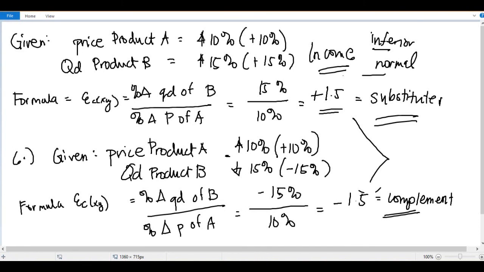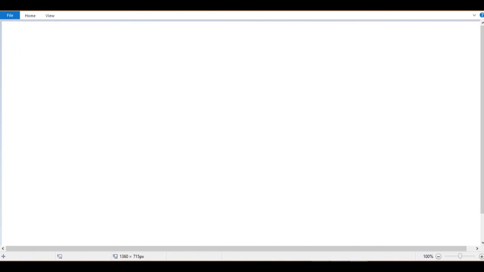This is my reminder regarding perfectly inelastic and perfectly elastic, because I have not given any computation.